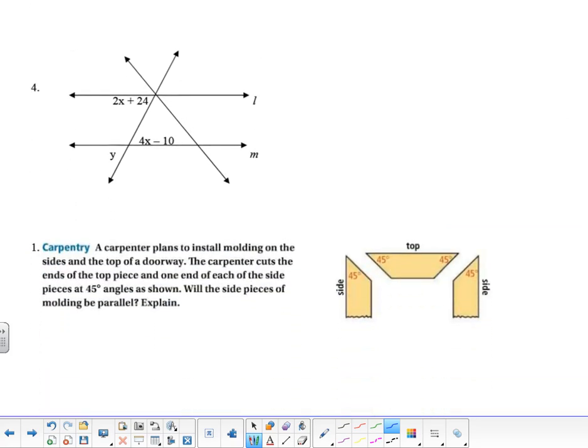It's a little more complex because now we add in some extra lines here, and sometimes we have to subtract here. So what I want you to think about in this one is don't get blinded by this line right here. It's almost like if we just deleted that line, we would see there the other transversal, the 2x plus 24 equals 4x minus 10.